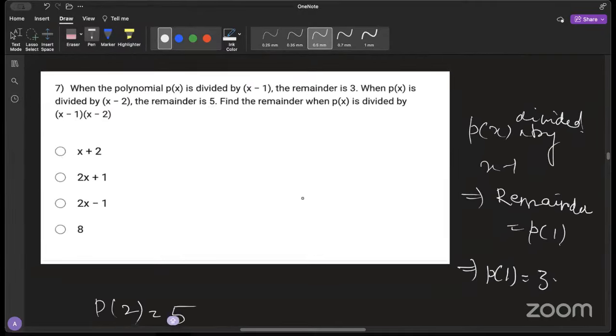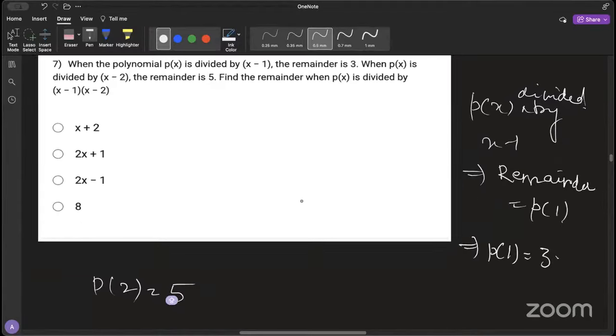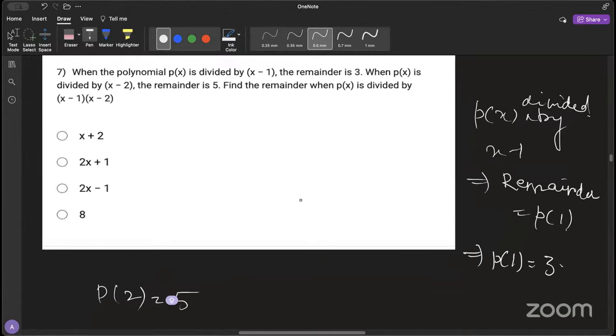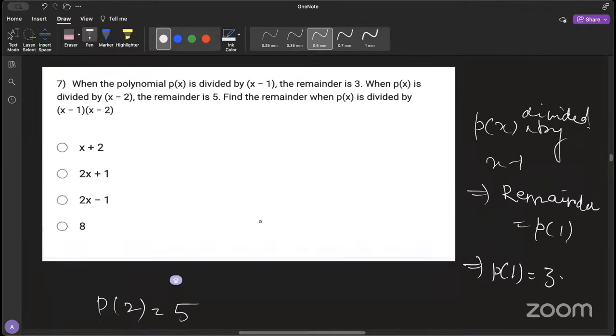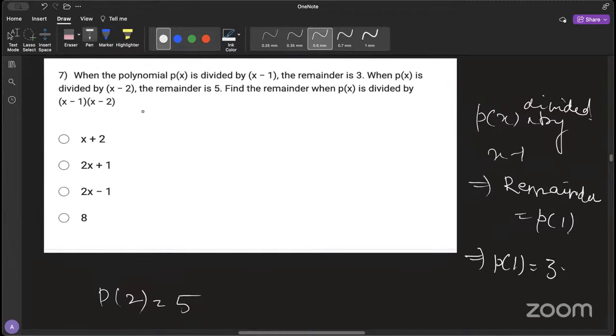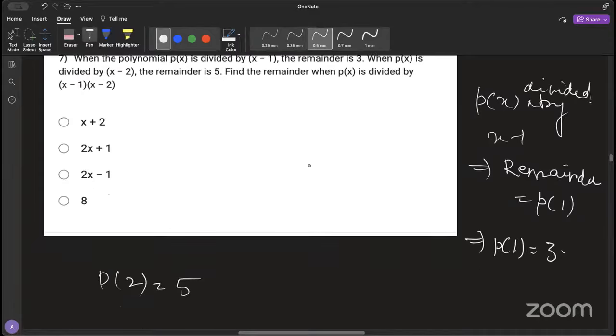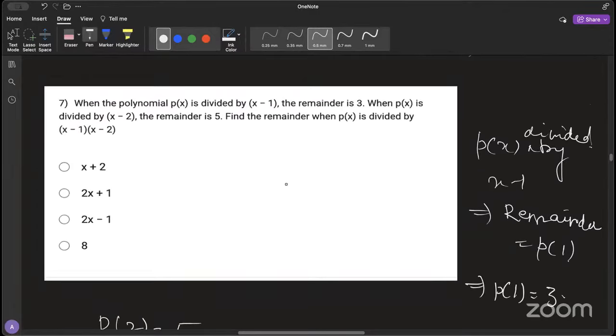We're not given the degree of the polynomial, that's the problem.